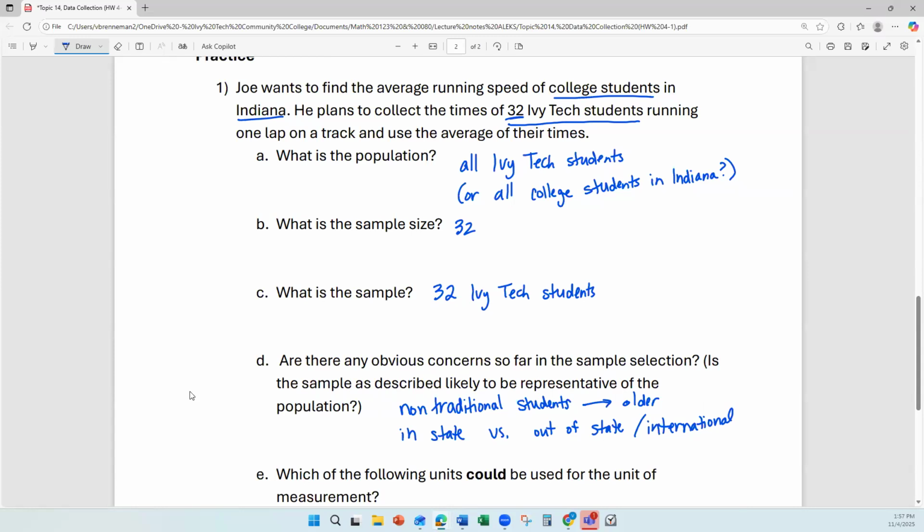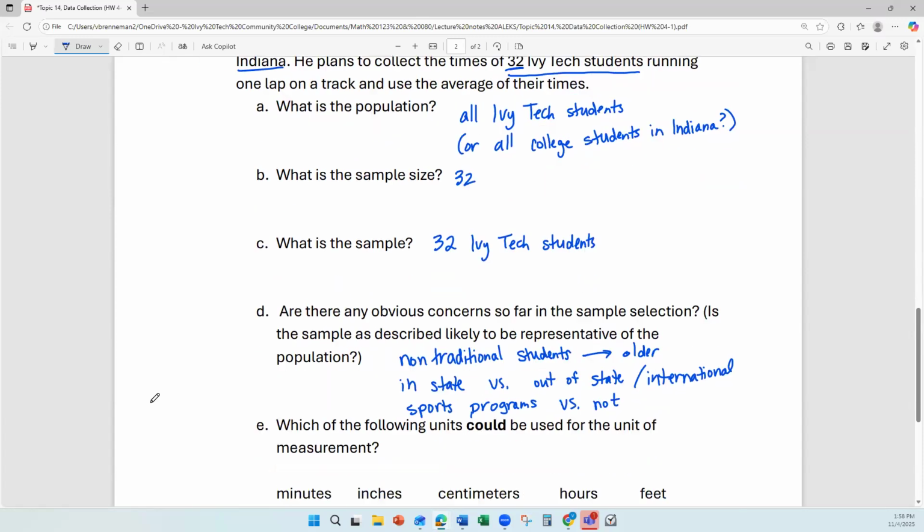Another thing is that other colleges in Indiana typically have sports programs where Ivy Tech does not. So that could also affect the general sort of athleticism of students within that school. So those would be things to consider, that possibly those Ivy Tech students aren't necessarily going to be a sample that can be considered to be representative of all college students in Indiana.